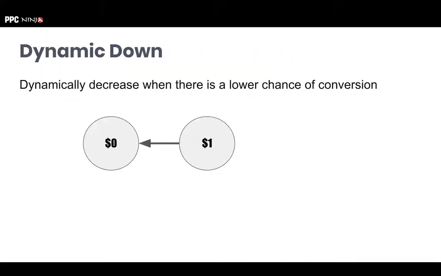Okay, and then let's look at those three dynamic options that we just discussed, in addition to the top of search and product pages options. In the dynamic down situation, which has been the norm always, even before they made all these changes, dynamic bid will reduce your $1 bid to anything between 0 and 1 when there is a lower chance of conversion.